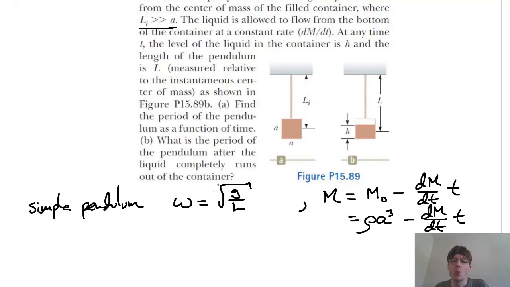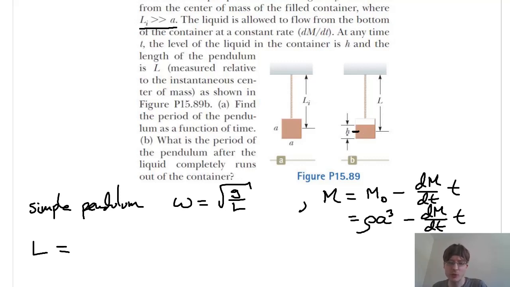Okay, what I need really is how the length of the pendulum changes. To figure out the length, I need to locate where the center of mass of the liquid is at any moment. All right, so the length is going to be the length all the way to the bottom of the cube minus h over 2.